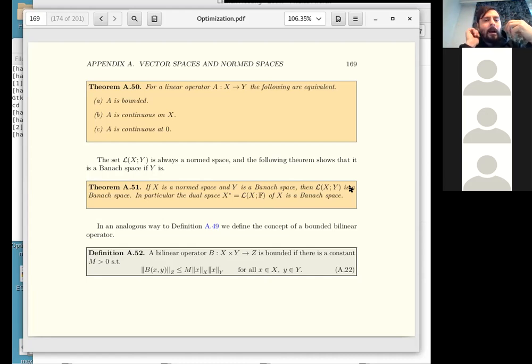This is just a linear operator, but now it's a bilinear operator, meaning that it's linear in both. Linear meaning that if you multiply one argument with something, the result will be multiplied by the same thing. If you multiply the other argument with something, the result will be multiplied by that.